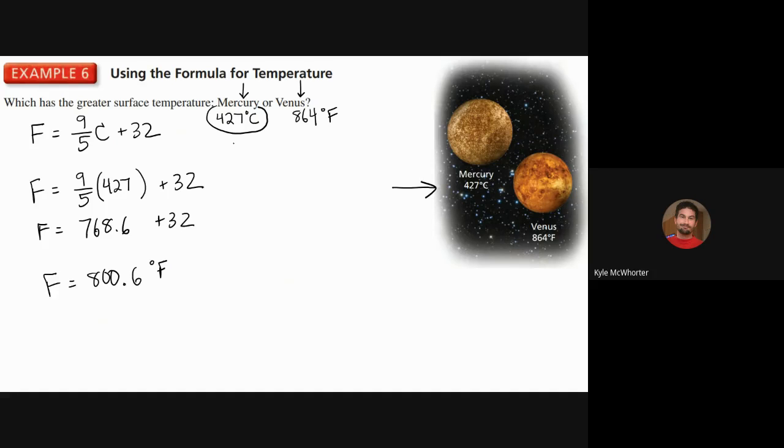Okay, so Mercury is 800.6 degrees Fahrenheit. Which one has a greater surface temperature? Venus. Because 864 degrees Fahrenheit is greater than 800.6 degrees Fahrenheit.